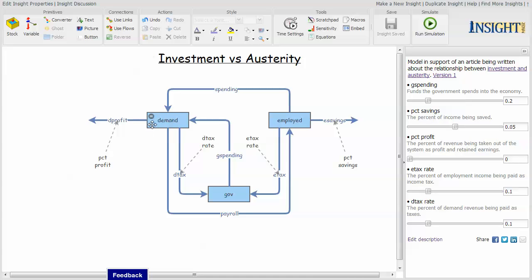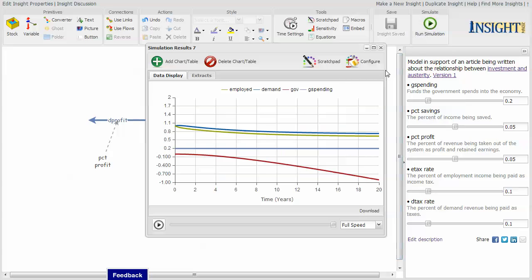If the business side of this also takes out money for profit and retained earnings, if I set that at also 0.05, notice that it has an even more marked impact on the economy.